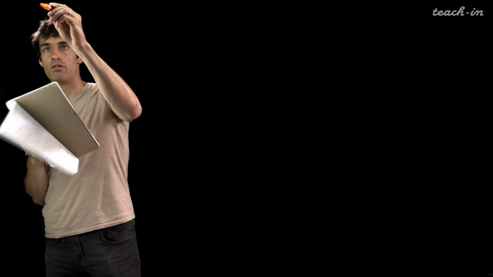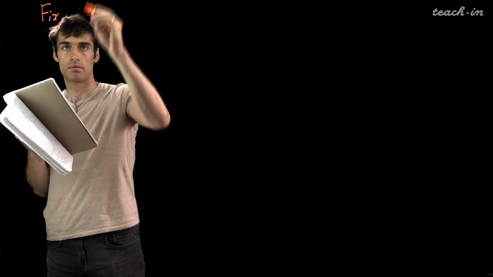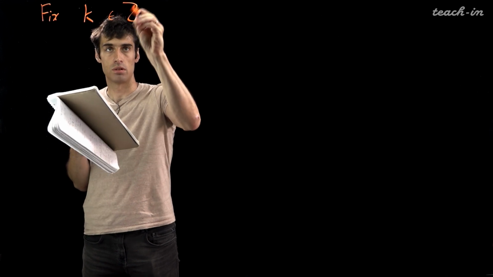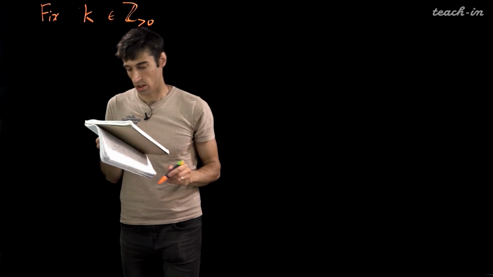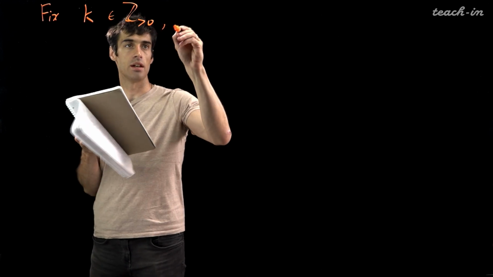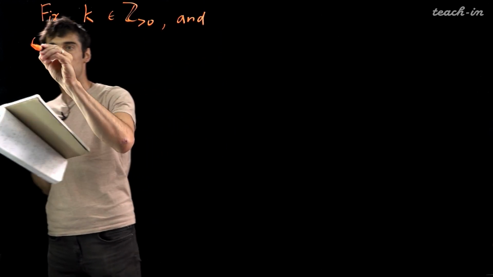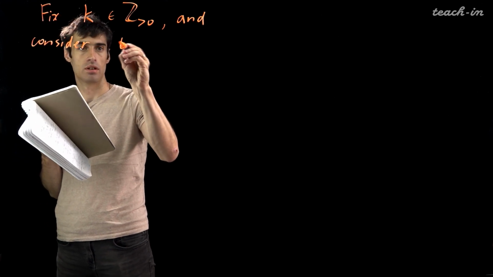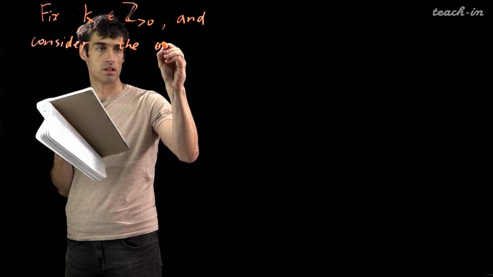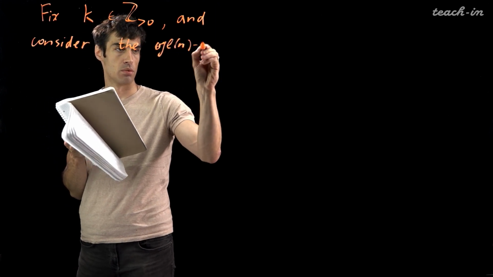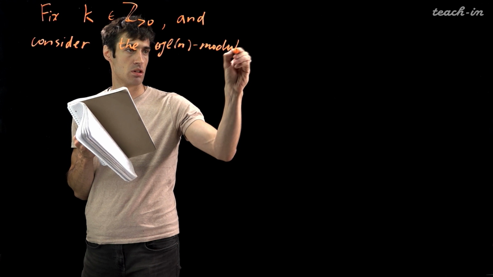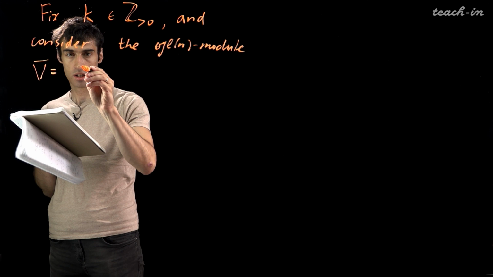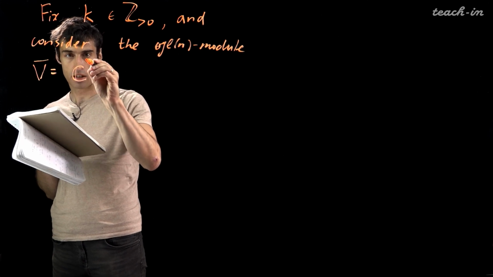Okay, so let me fix some number k. It is a natural number, so it's an integer and it's positive. And consider the following GLN module, V bar, which is, well, as I said, I take Cn.